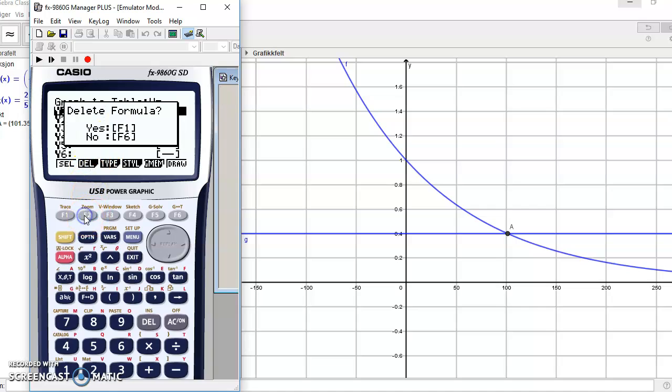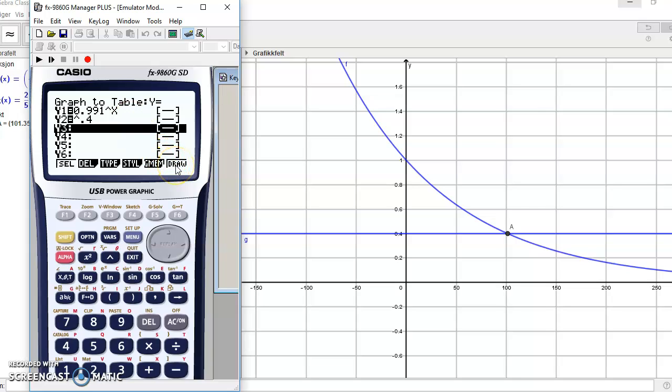I just want to delete the previous graphs I have. And to enter a graph here, I just start typing, and this is going to be 0.991 to the power of x. So this is the power button, and this is for the variable x. Okay, so that's our first function. And the second one is simply going to be the number 0.4, like this.